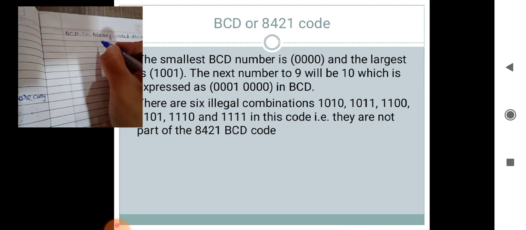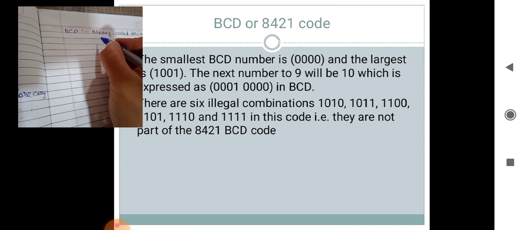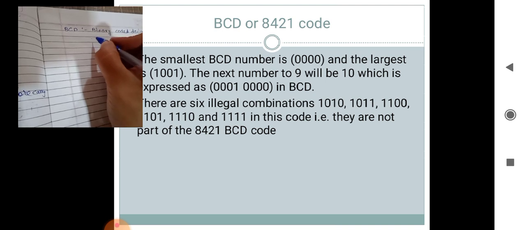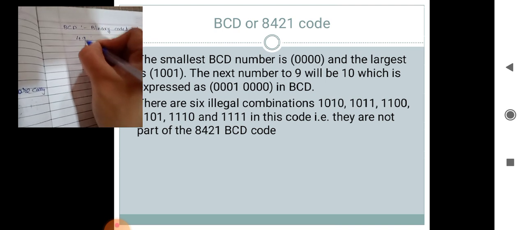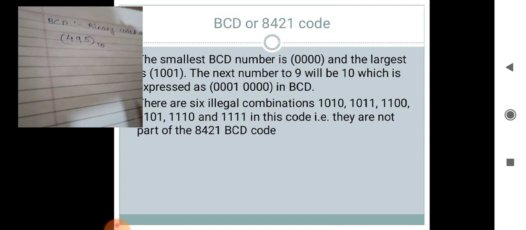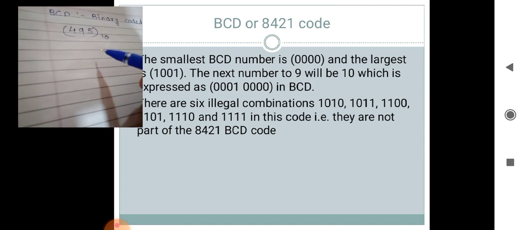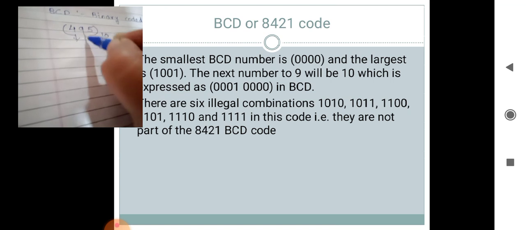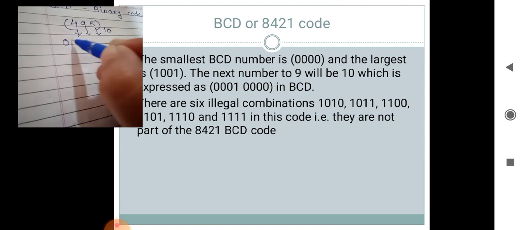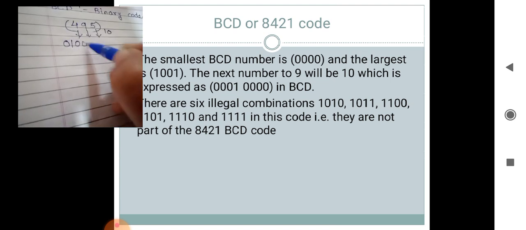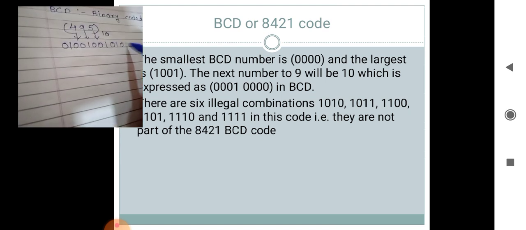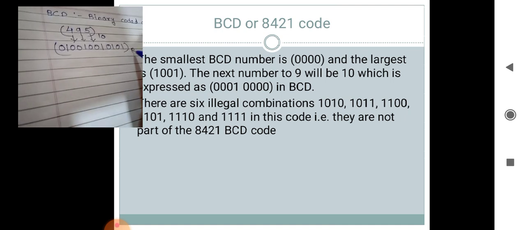If any decimal number is given to you, you have to represent each digit in 4-bit binary. That 4-bit binary for each digit in the decimal number system is called BCD. If the number 495 is given to you, and this is a decimal number, then to write it in binary coded decimal we have to represent each digit in 4-bit binary. So 4 in 4-bit binary is 0 1 0 0, 9 means 1 0 0 1, and 5 means 0 1 0 1. So this is the BCD number.